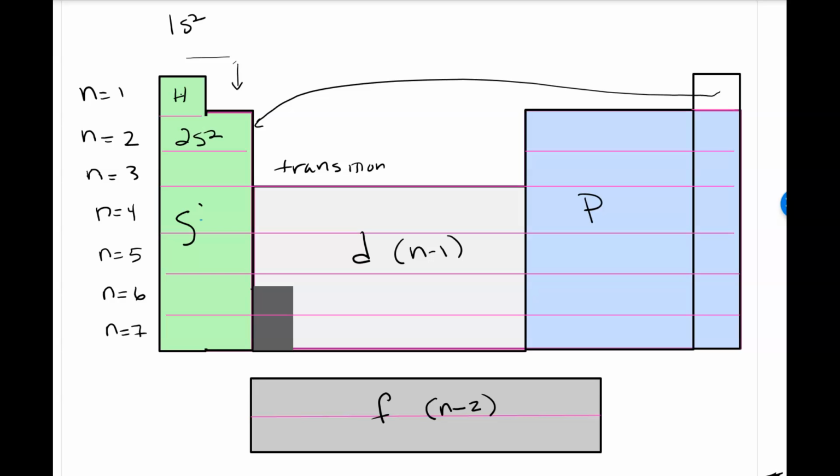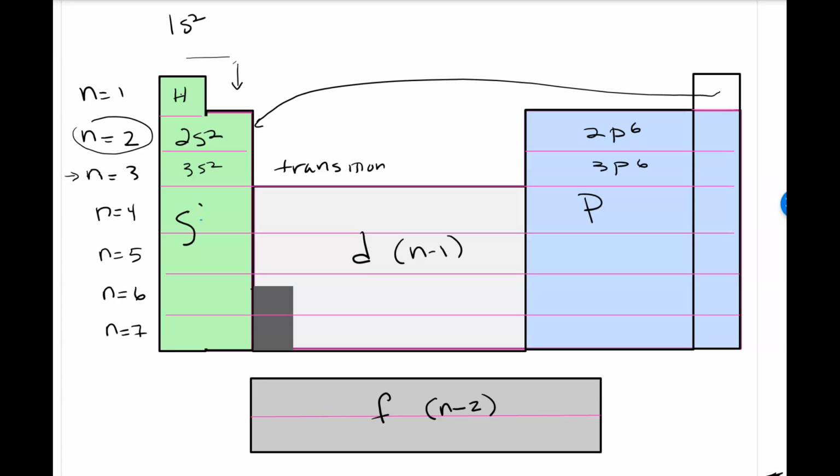Then I go across, I'm in the second row, I'm in the p block. The electrons for these elements go into the 2p orbitals, and if you get all of them, there's 2p6. Then you go down to the third row, 3s2, and then 3p6.